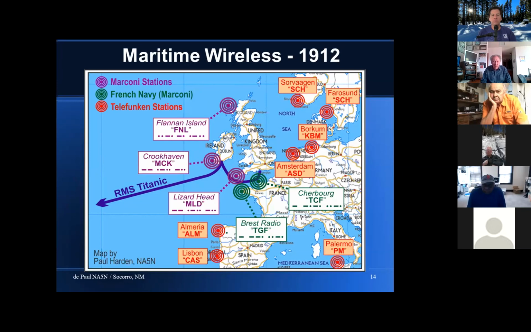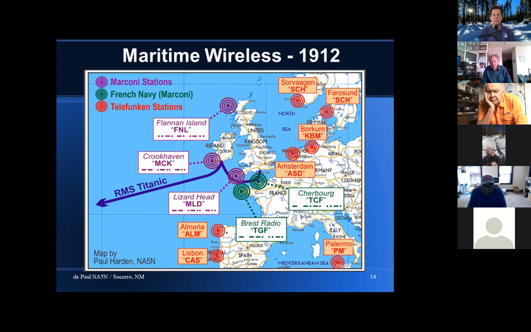Probably the only reason that Telefunken didn't make it into France was that the French and the Germans weren't getting along particularly well at that time. So the French used Marconi equipment, but they were not actually Marconi stations owned by Marconi, kind of in between. And as you see, they all had separate call signs.